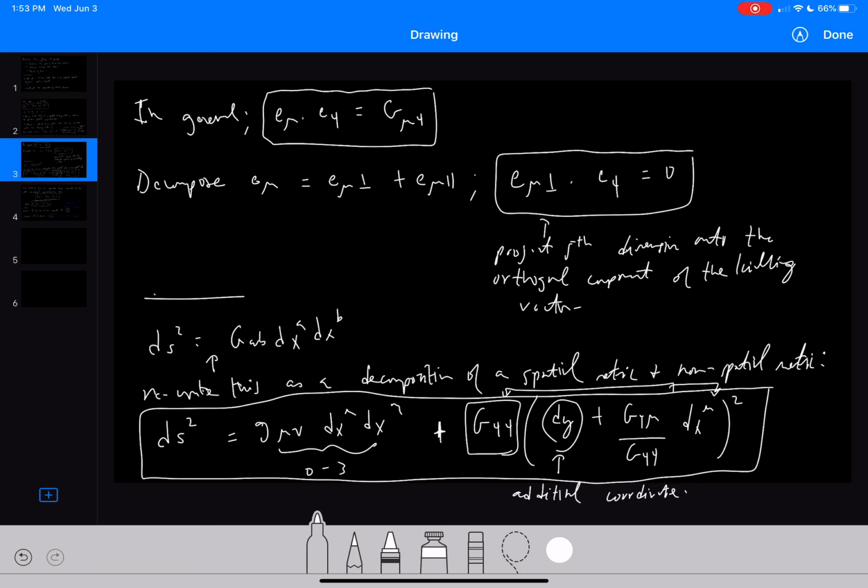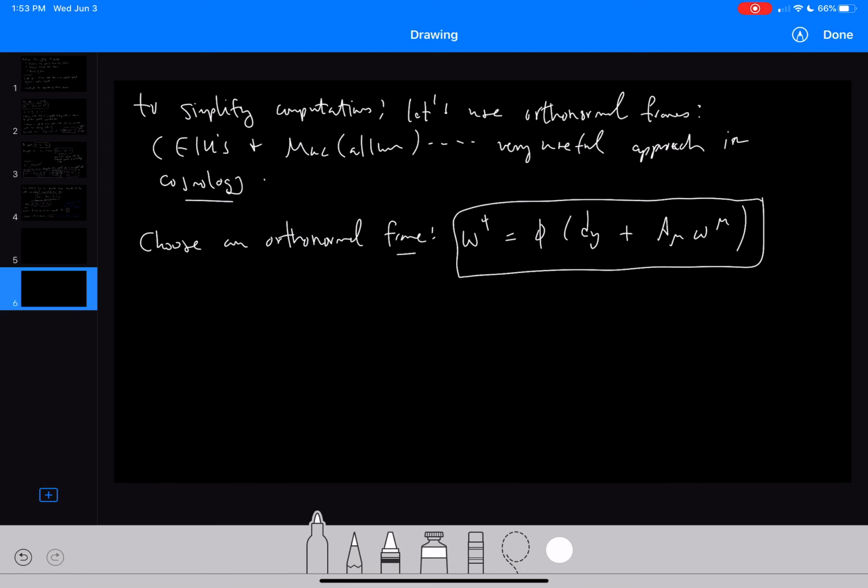Okay. So given that orthonormal frame, let's compute the exterior derivative. The exterior derivative is a very straightforward computation to do. It's just the product rule here.